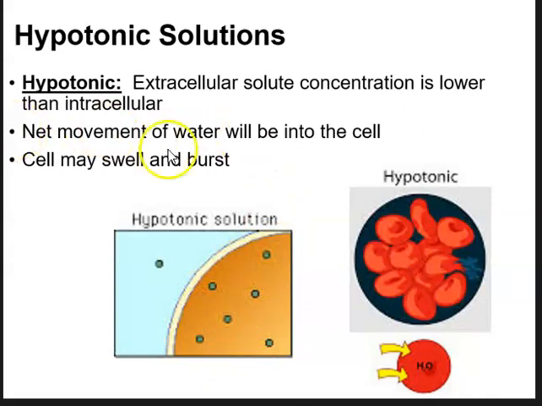Water is going to move from an area of low concentration to high concentration. So the net movement of water will be into the cell because it wants to dilute the solute concentration within the cell. So water will move from outside of the cell to the inside of the cell, and what might happen is the cell may swell and burst.